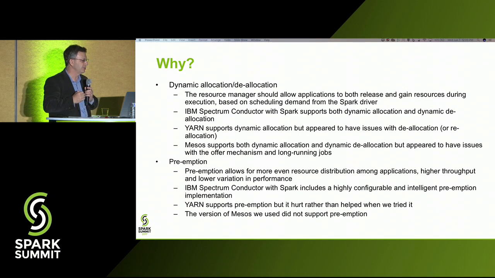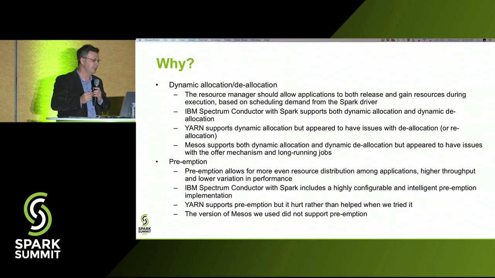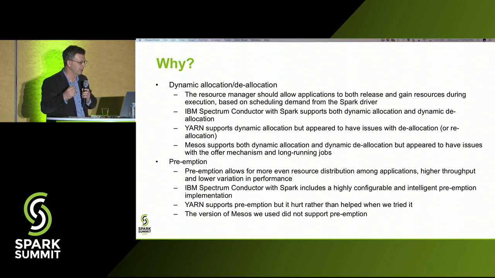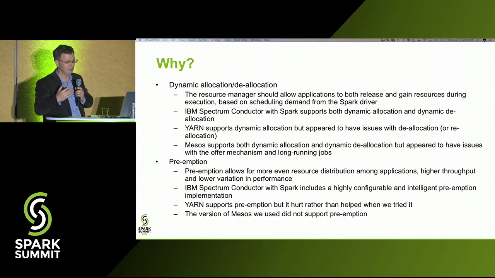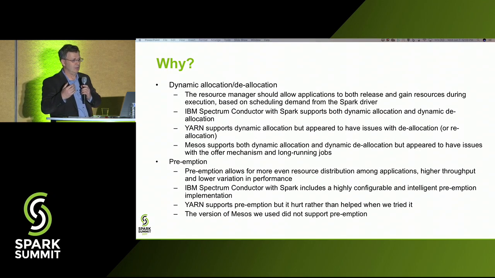So, two major things. One is dynamic allocation and deallocation, releasing of resources. The general resource manager should allow an application to allocate and release resources during execution based on the demand at that moment. A Spark job consists of multiple stages, and each stage needs a different number of tasks. That's basically the demand.